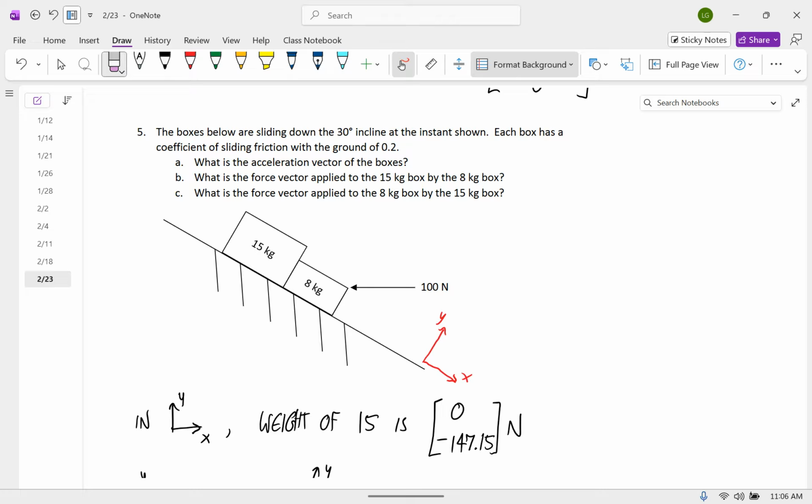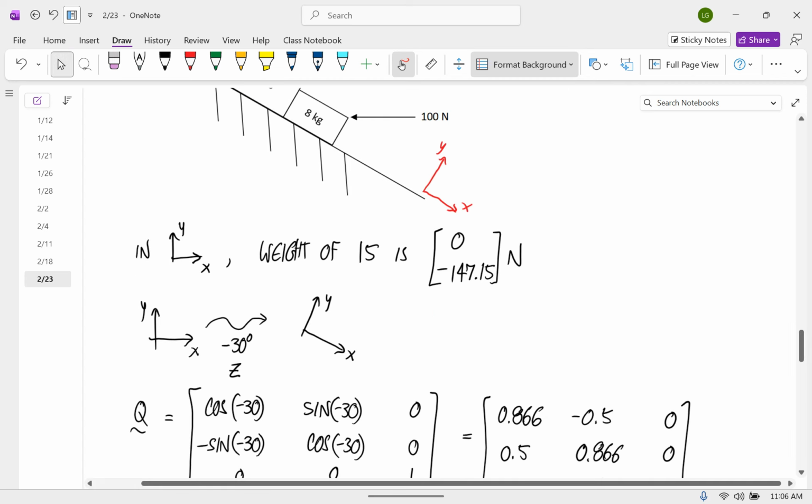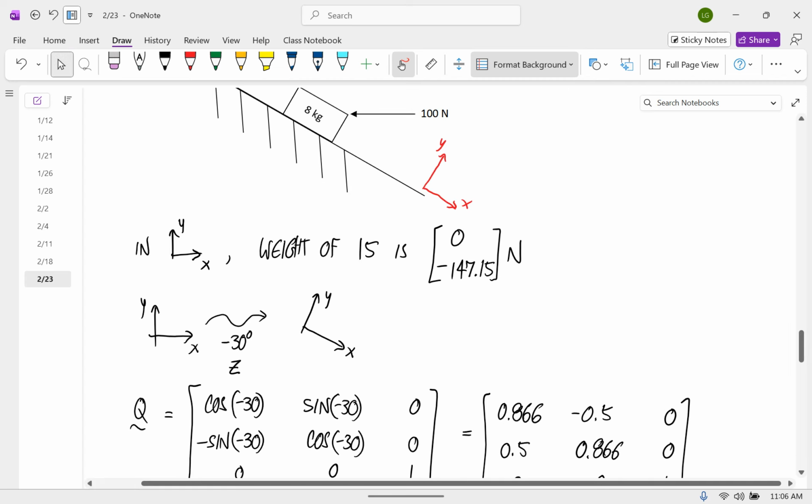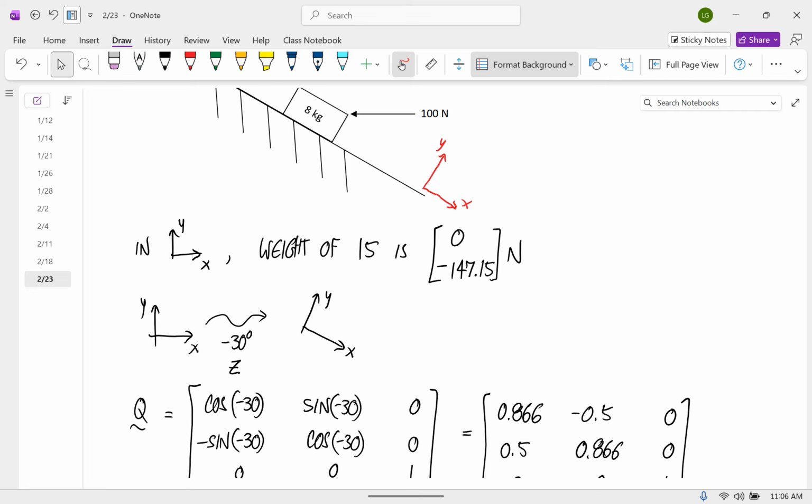Yes. So how do you know that the angle is negative 30 and not positive 30? Yeah, because it's a right-hand rule thing. Both of these coordinate systems have the z-axis coming out. So you just have to think, am I curling my fingers this way, which would be the positive z direction, or this way, which would be the negative z direction?